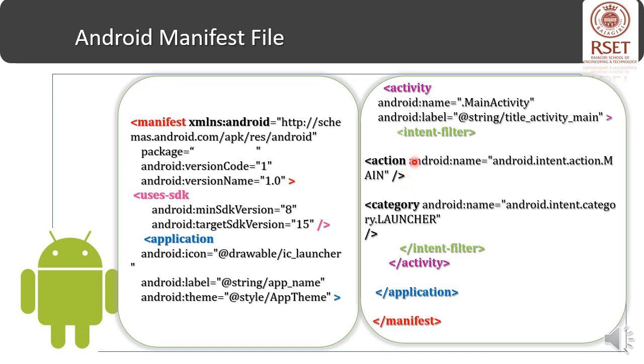The action tag defines which action is to be added to the intent filter. So, at least one action element will be there for every intent filter. Then we have a category tag which adds a category name to an intent filter.